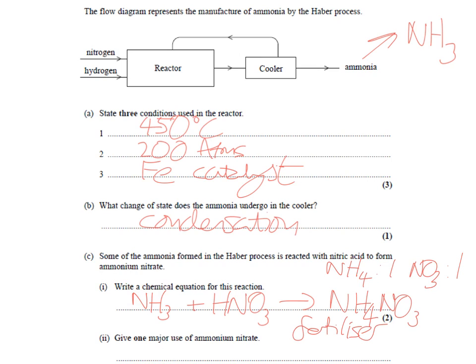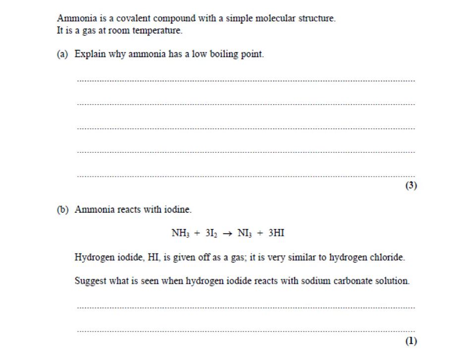Which brings us to the end of our first question on this collection of questions. Now this question is also all about ammonia, and you're given a bit of information, and it's always really important to use the information you get given in the question. There are so many hints given to you along the way.